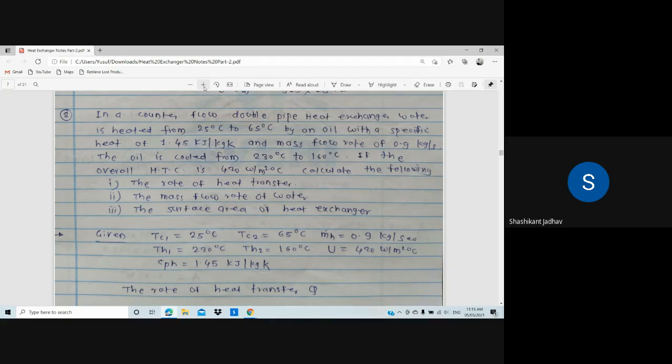The oil is cooled from 230 degrees Celsius to 160 degrees Celsius.